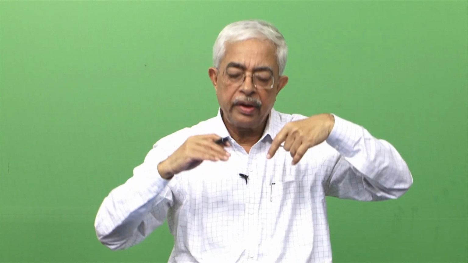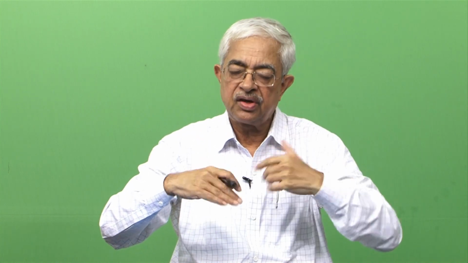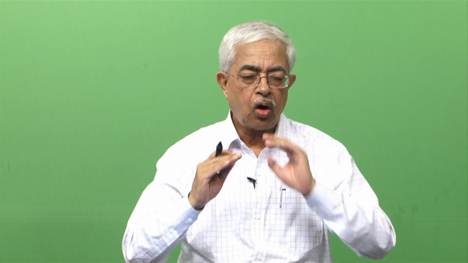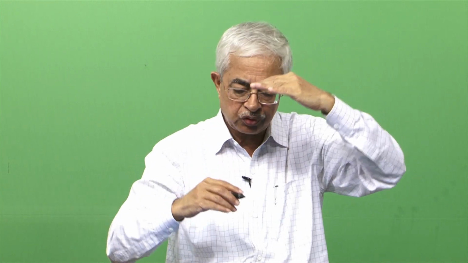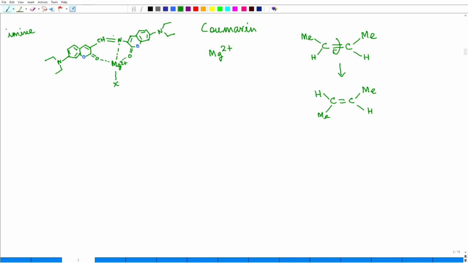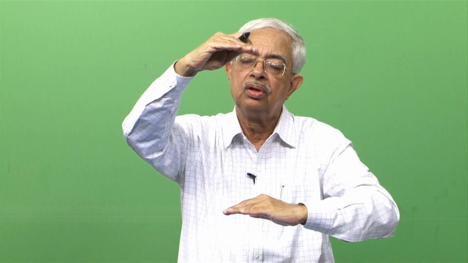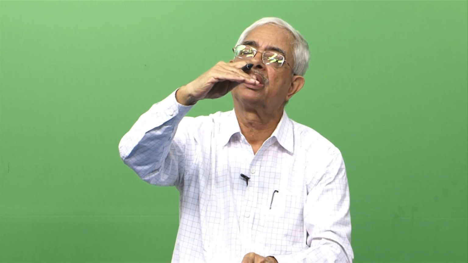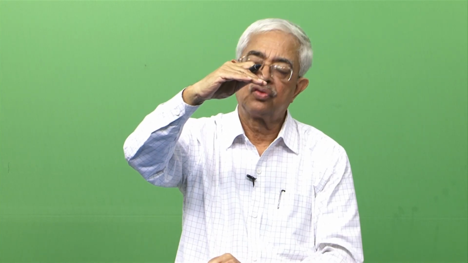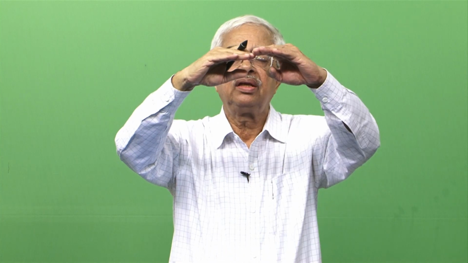So, when you are making a design, you must stop the de-excitation pathway in the molecule. I have stopped de-excitation of the molecule from the excited to the ground state through coordination with magnesium. Therefore, when I excite it, it will give a strong fluorescence.